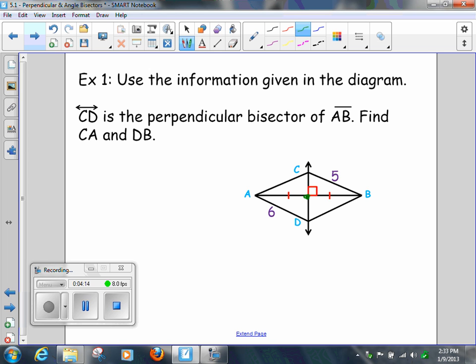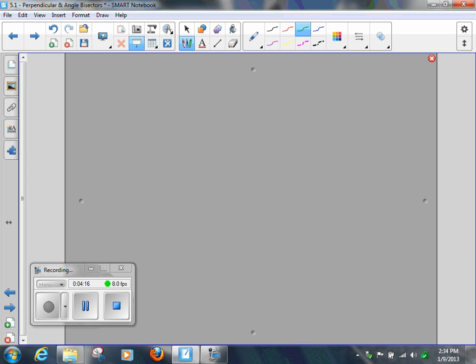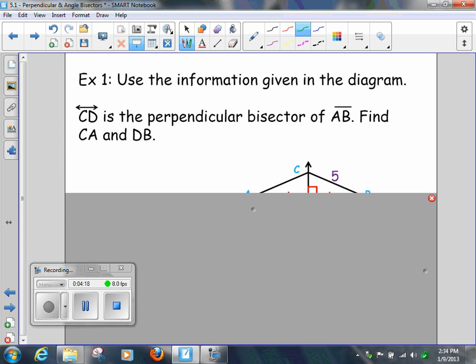Well, guys, here we go. Look at it. Just look at it. I'm going to cover things up because it's too much for me to look at. What's CA? Go with your gut. It's 5. It's common sense. If this is 5, then this is 5. And the way I know that is I see a right angle, and I see that these two pieces are congruent to each other. Look at the next one.